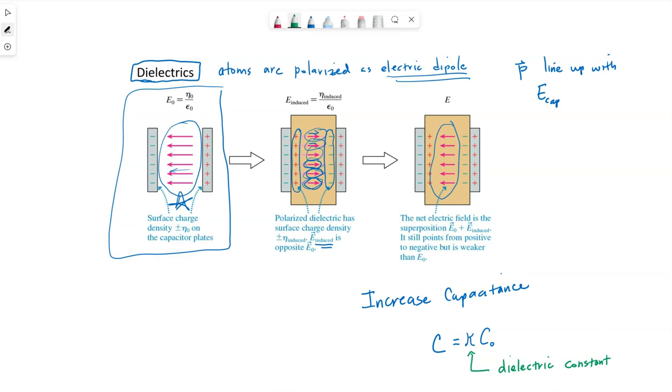A dielectric material is not just one specific material. It is a category, similar to how we use the term conductor to mean materials that easily share their valence electrons. It doesn't mean just copper or just aluminum.